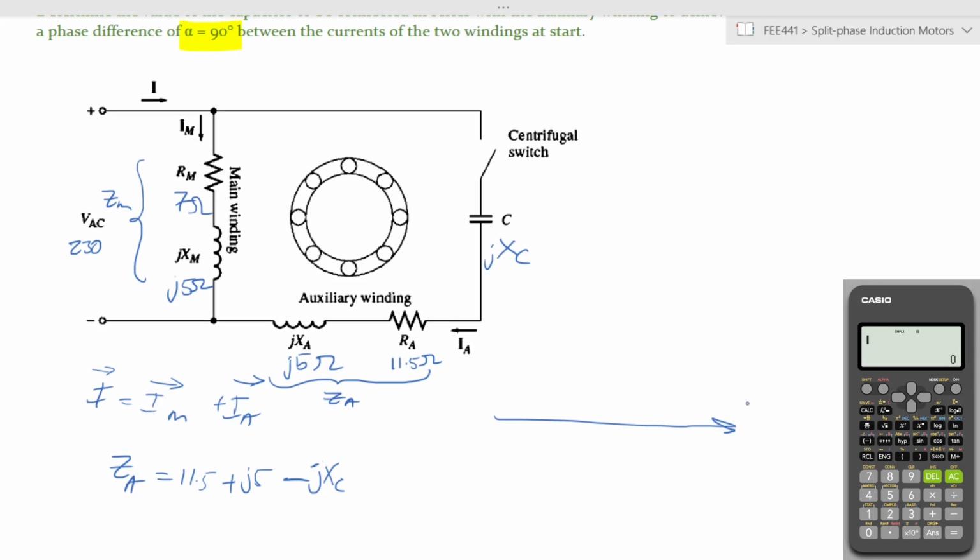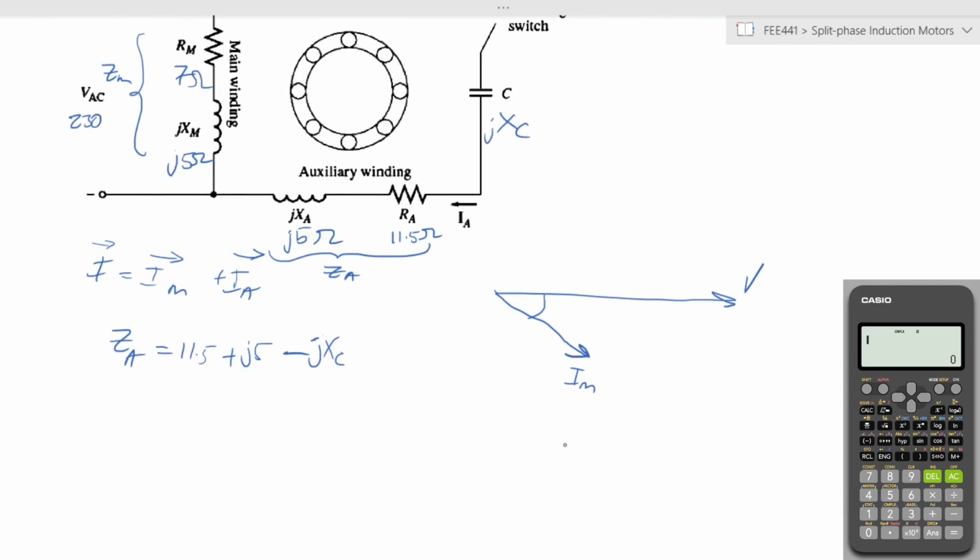First of all, you'll have your voltage as your reference. Then you'll have IM, which is in that direction at an angle. The angle of IM between the voltage and the current itself is given by the phase angle of that particular winding.